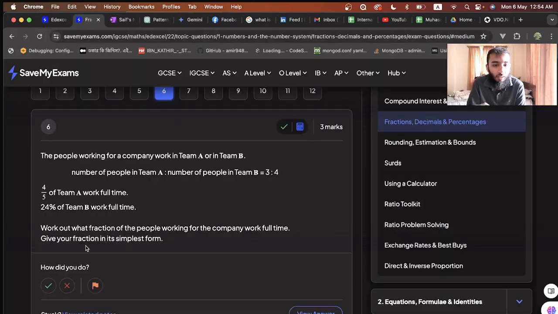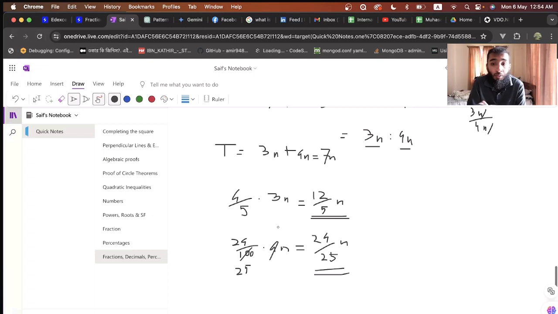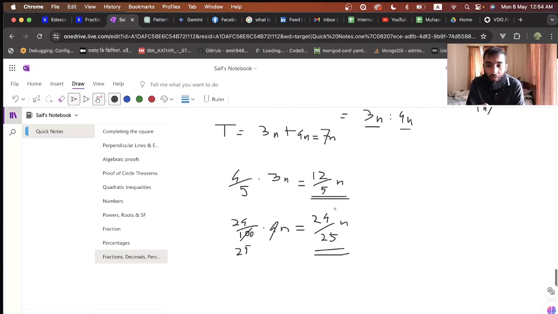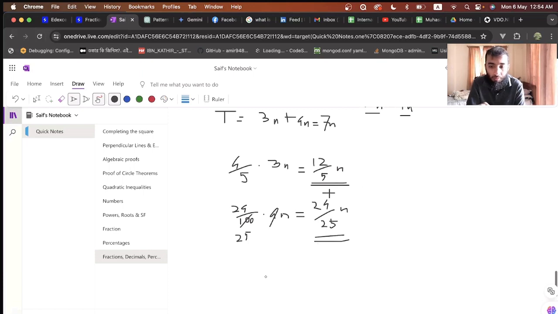So what is the fraction of the people working? If we add these two, we get the total number of people working full time. If we denote it TF, the total number of people working full time is 12 by 5 of n plus 24 by 25 of n.